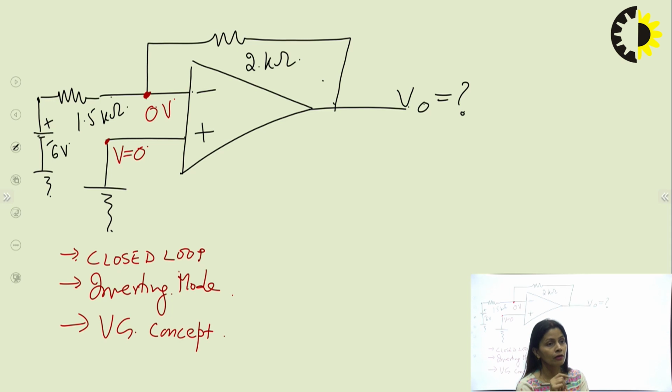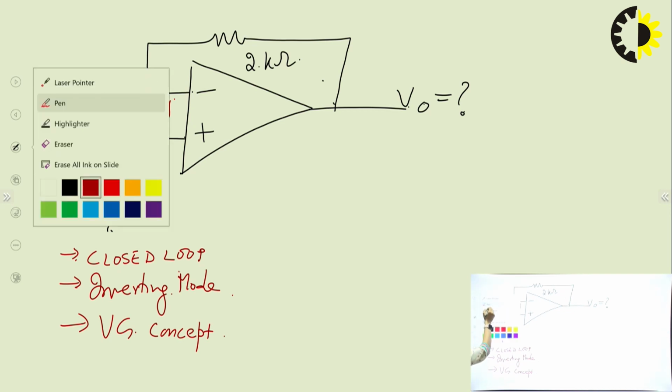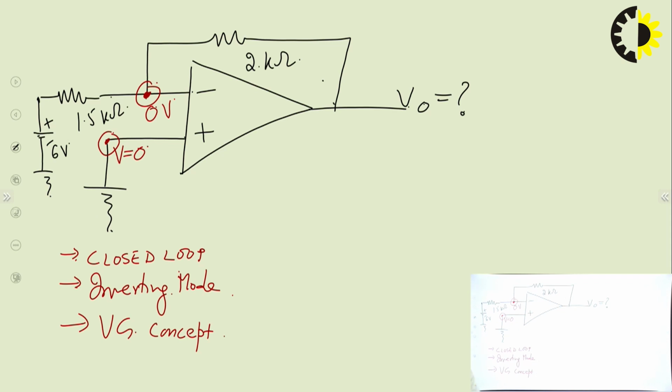I repeat, the virtual ground concept gives you two points A and B, the inverting and non-inverting terminals, whose potentials are always equal. So here, if this point is at 0 potential, then this point will also be at 0 potential. Now applying the KCL at the virtual ground, at this particular point we will apply the KCL.